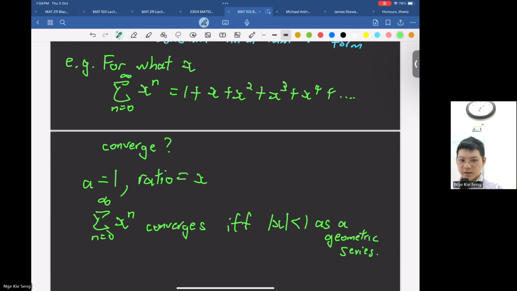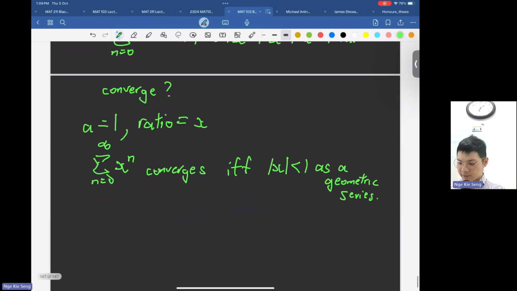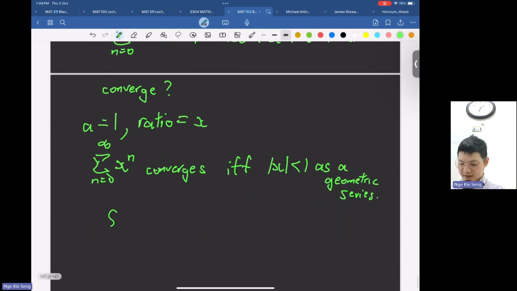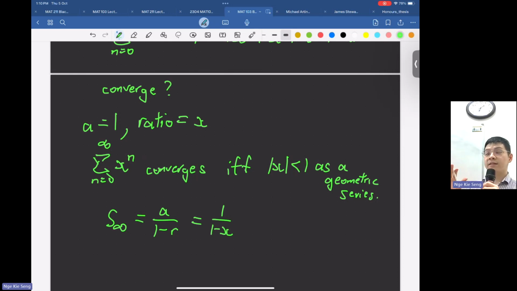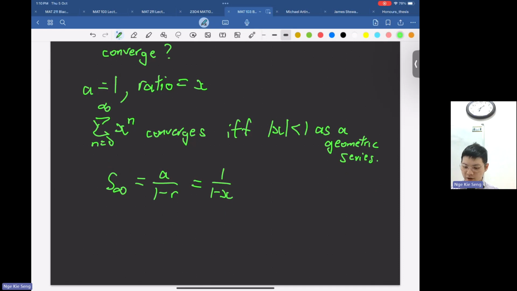What's the sum? The sum is given by the formula first term over 1 minus r, which is 1 over 1 minus x. There's some very important significance here.